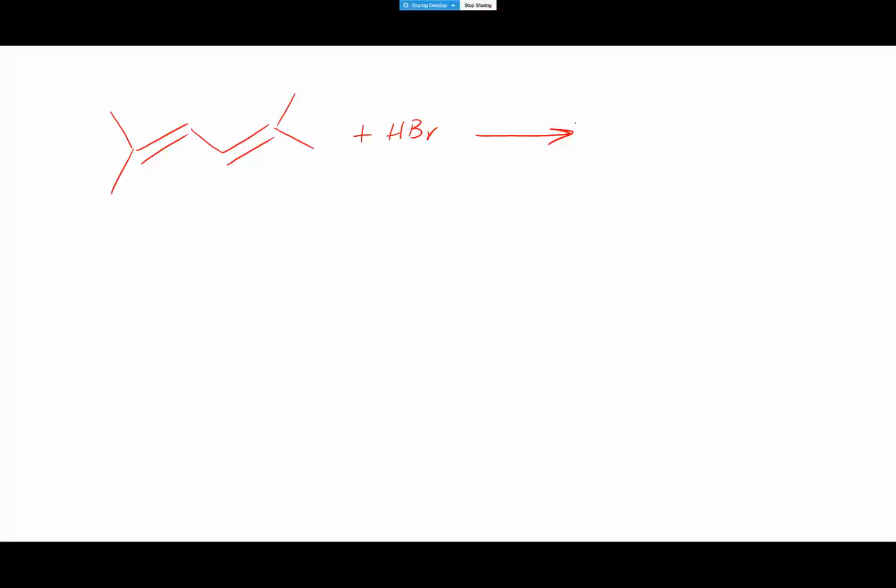First, I could ask this question and say, write the 1,2 and 1,4 products, and which one would be the major product under high temperature, long reaction times. I could say long time, high temp, and write both products and circle the major product.